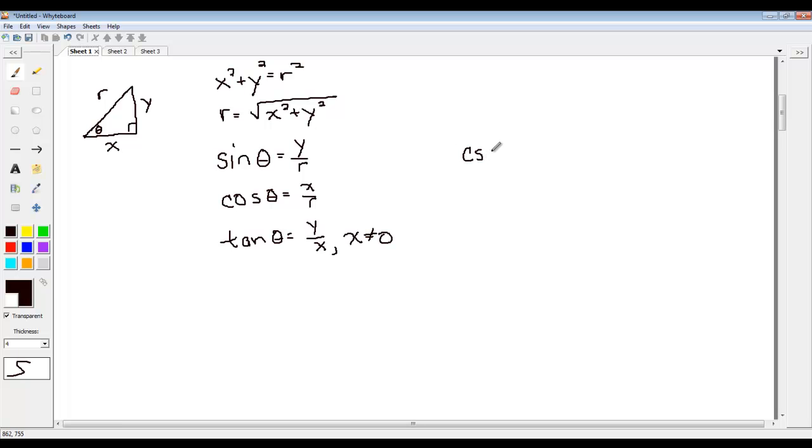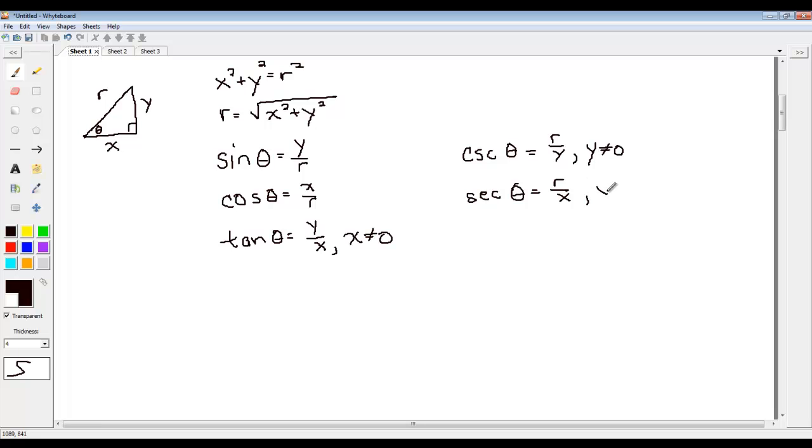Cosecant of theta, reciprocal of sine, so you're going to get r over y. Of course, there you have to make sure that y isn't 0. Otherwise, it's going to be undefined. You're not going to have a real value there. Secant theta is going to be r over x.